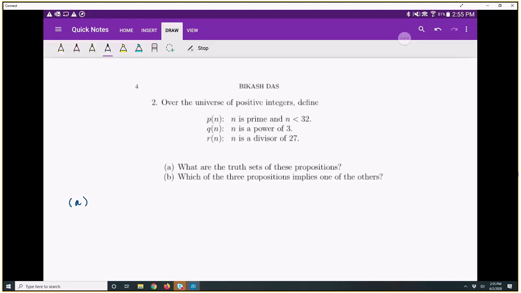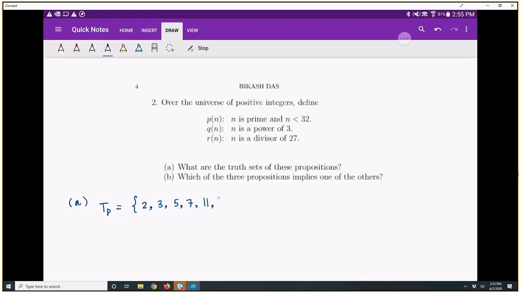So the truth set for P should be the set that contains all of the positive integers, which are primes, less than 32. So this is 2, 3, 5, 7, 11. I'm just listing the prime numbers.